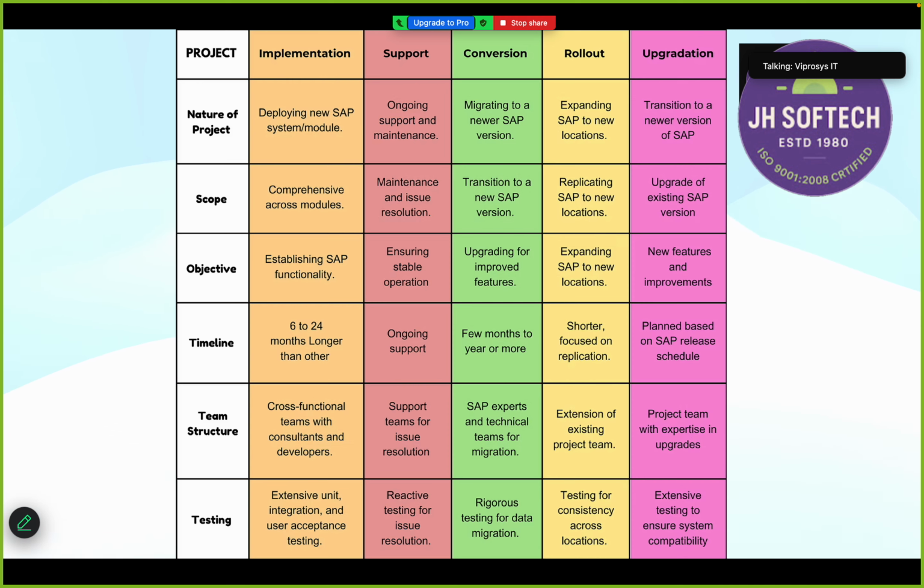So the nature of the project is deploying a new SAP system and modules. Everything is completely new, because no one has any prior SAP understanding. Then it is considered a new project, that is called a greenfield project.